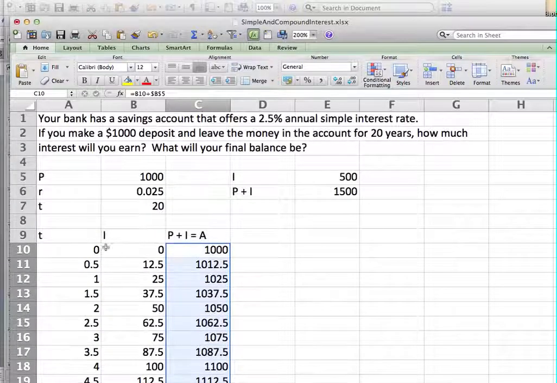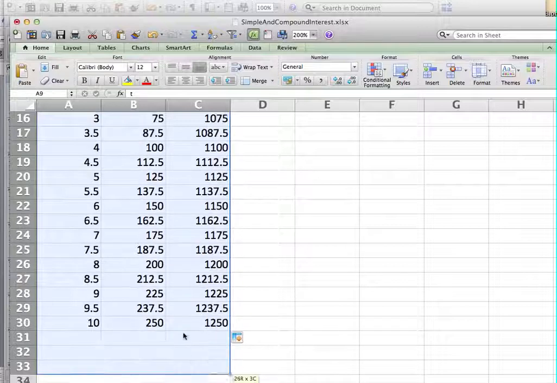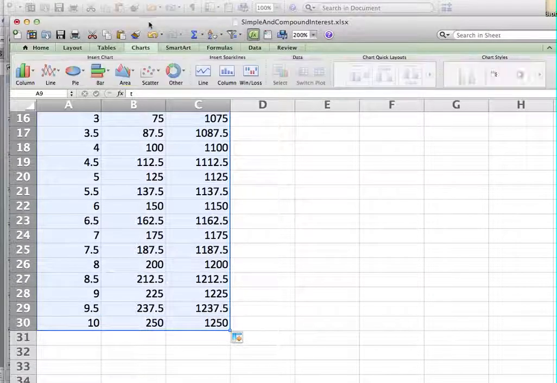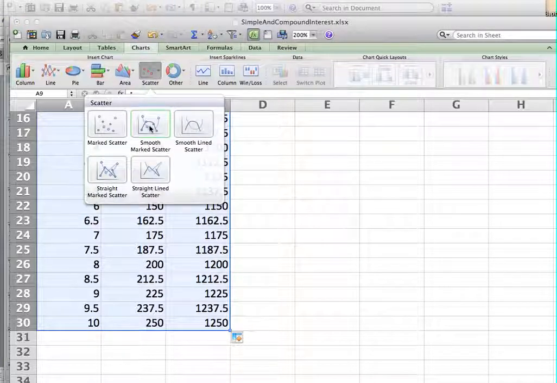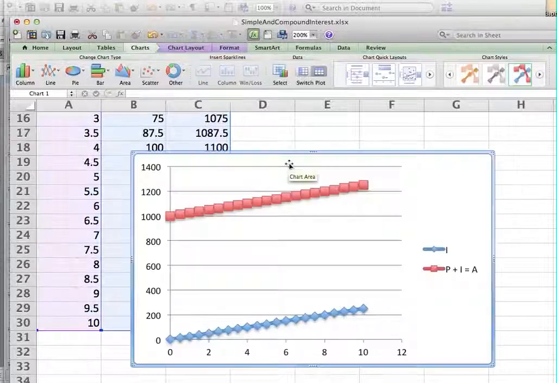And then we could graph both of these functions, highlight everything, go up to charts, and scatter, and I'll just connect this. So it's going to be a straight line. I could use either one. And without bothering to label these graphs, I guess Excel did.